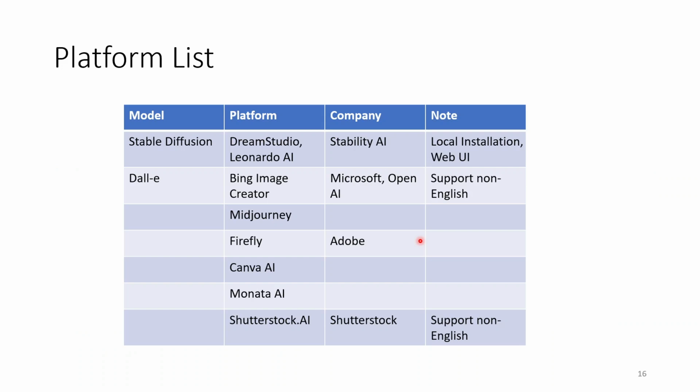Okay, so there are a lot of platforms. Easy Diffusion is just this one. So what's the relationship between Easy Diffusion and Stable Diffusion? In fact, Easy Diffusion is a package. It helps users easily install Stable Diffusion and makes the user interface simpler.